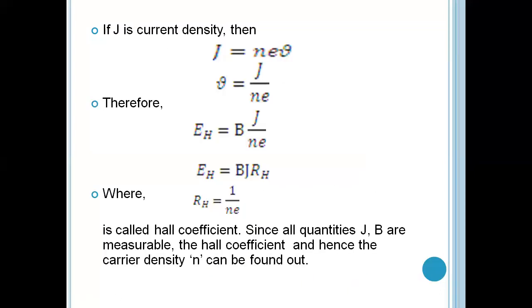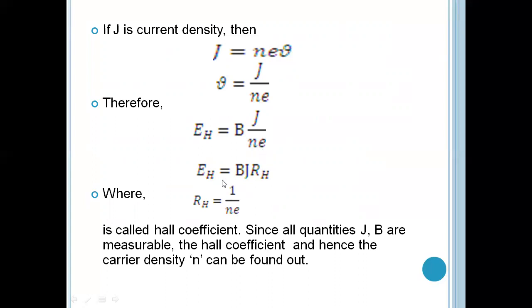We know that J is the charge current density, which is defined as nev, the product of number of carriers, charge of carrier, and velocity of that carrier. From this rearrangement, you can write velocity v is equal to J by ne. So Hall field is equal to B into J by ne, where 1 by ne is called the Hall coefficient.